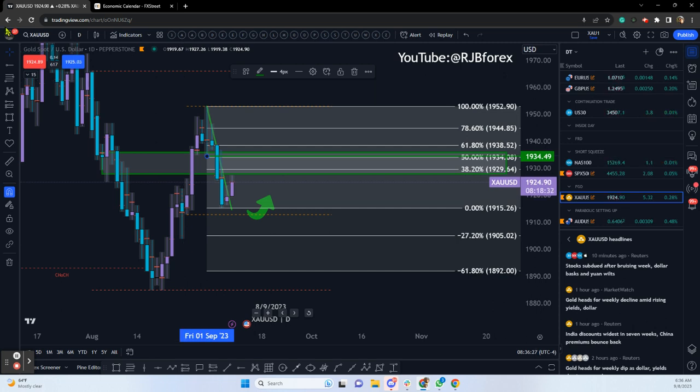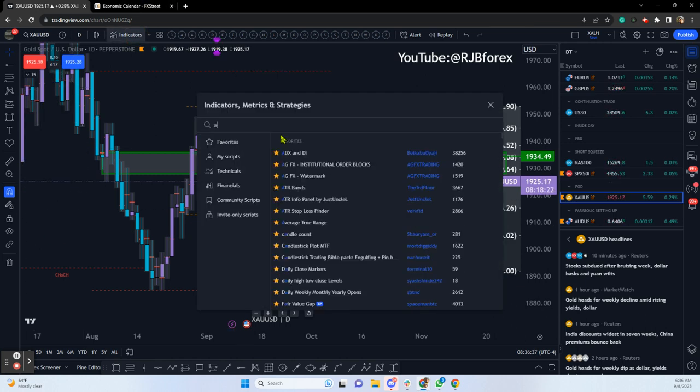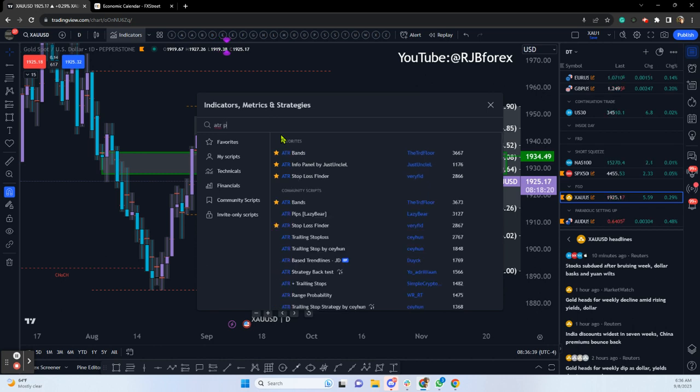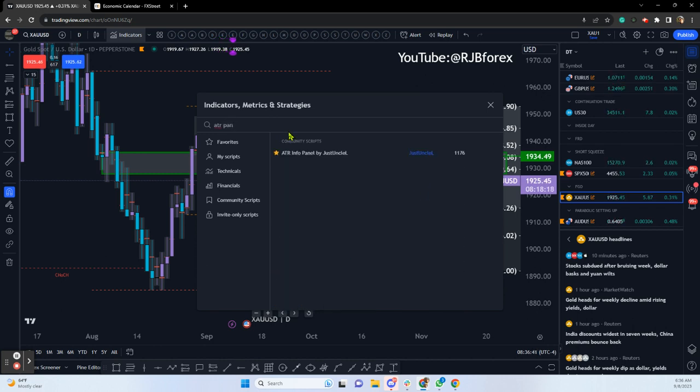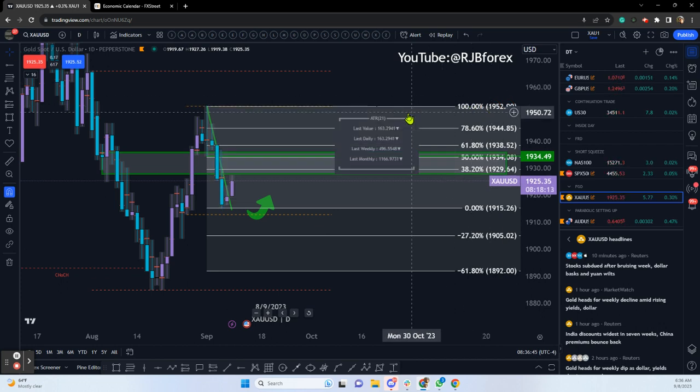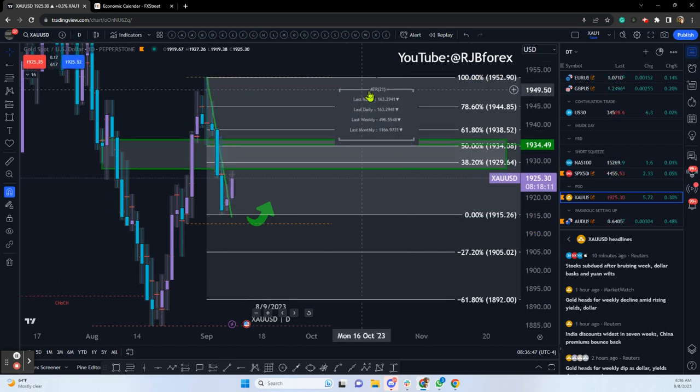So, right, I came across a new indicator which was pretty useful. It's ATR panel, I think it was. Yeah. So over the last 21 days, it gives you the average of the range on any given day, which is, what is this here?